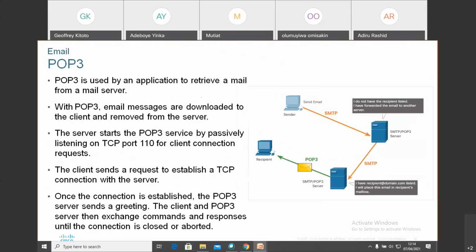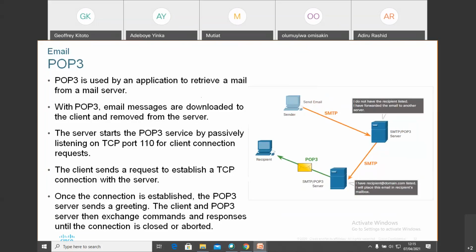So POP is used by an application to retrieve mail from a mail server. With POP, email messages are downloaded to the client and removed from the server. The server starts the POP service by passively listening on TCP port 110 for client connections.